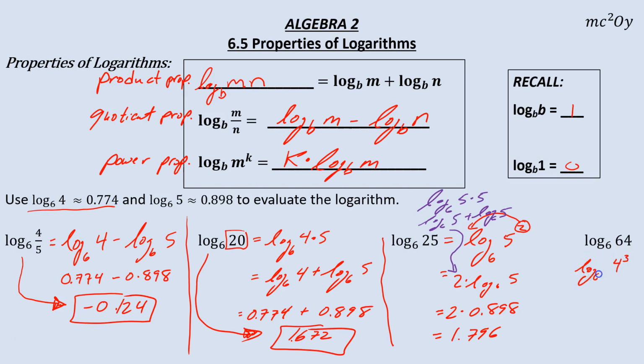So we could think of that as log base 6 of 4 cubed, which then becomes 3 log base 6 of 4 when we apply the power property, which means 3 times 0.774, that's what log base 6 of 4 is, which becomes 2.322.